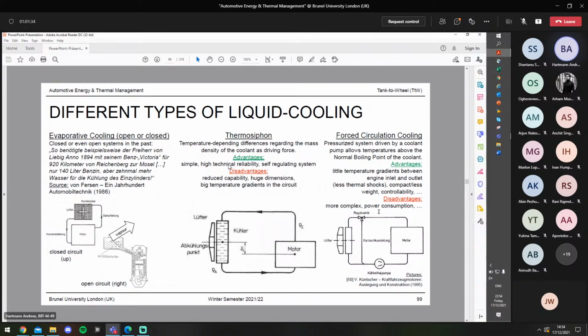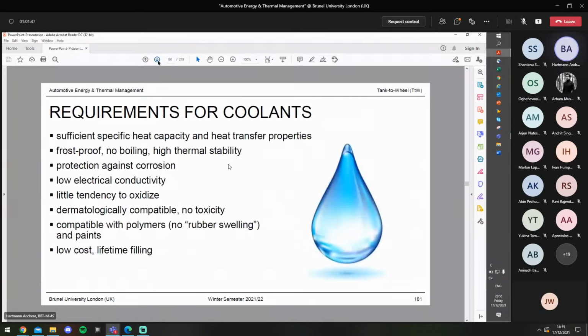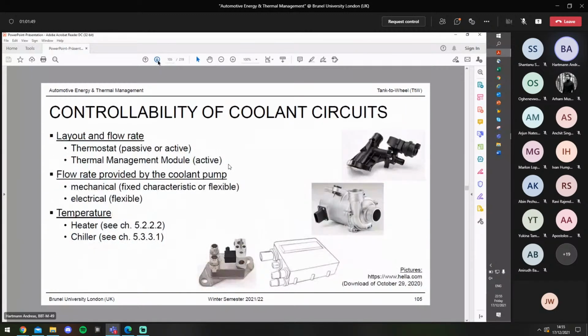You can go for a shortcut and directly send the coolant again to the coolant pump. And later on, you open the valve and send coolant to the radiator. This is meant by changing the layout of the coolant circuit.